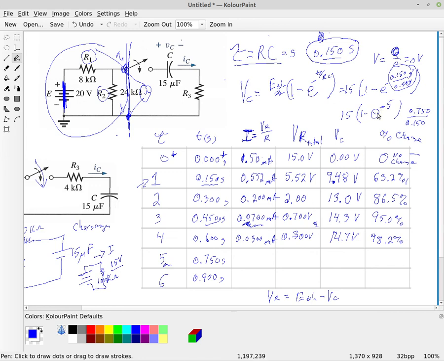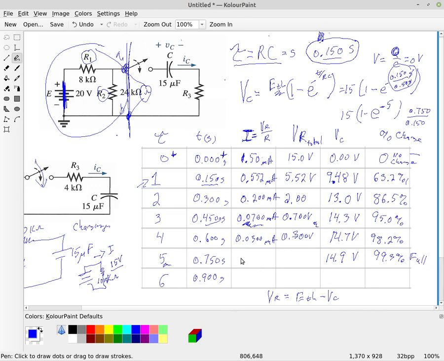When we do that, our voltage now becomes 14.898 volts. We'll call it about 14.9 volts to 3 digits, and that is 99.3% of full charge.